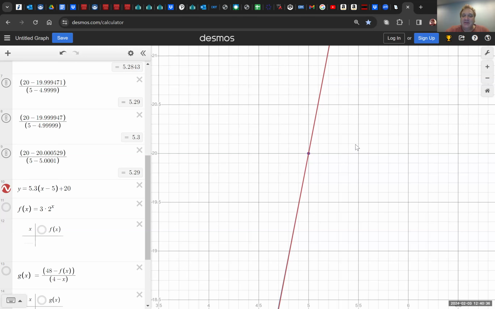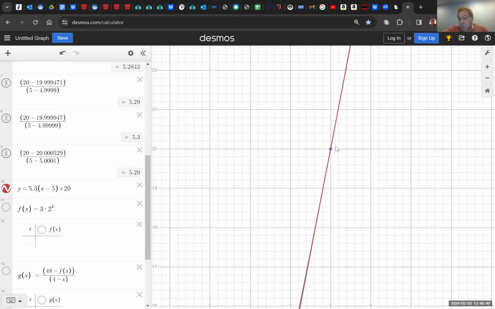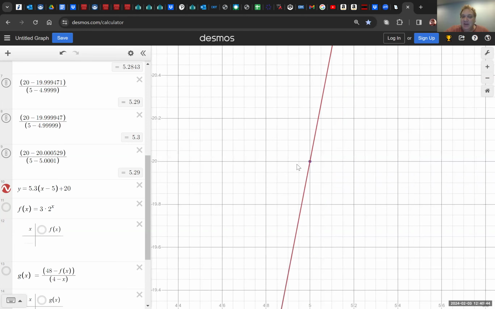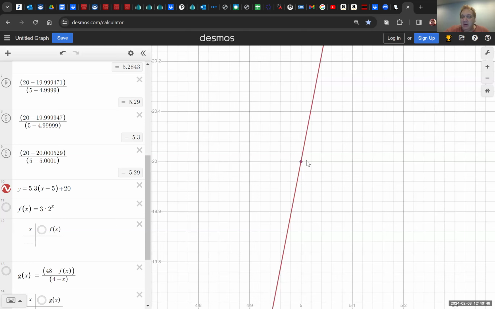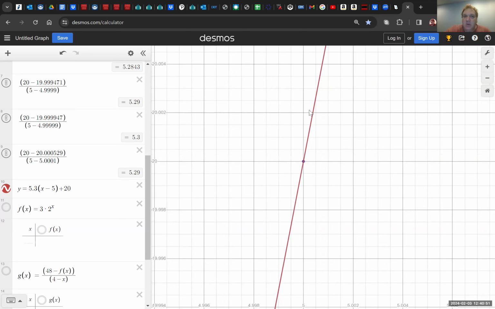All right, so that's the line right there. And I just wanted to show you how it approximates, or really is essentially the same thing as the curve right near our objective point, which is 5. Okay, so let's go back to my lecture notes here.